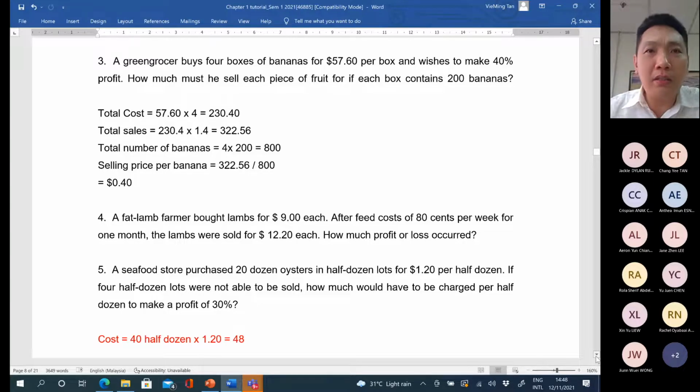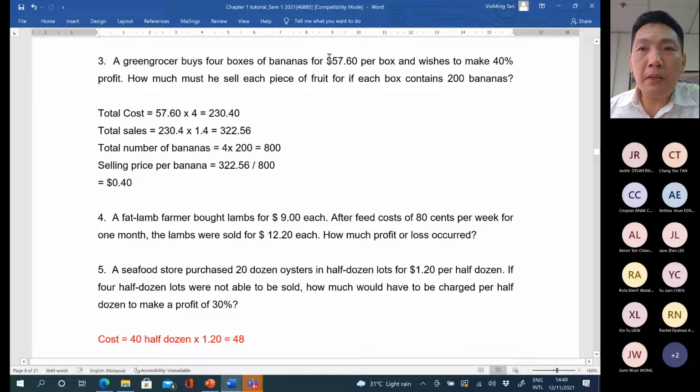So a greengrocer buys 4 boxes of bananas for $57.60 per box. Okay. So this is the cost price per box. Altogether purchase 4 boxes. So that means we can calculate the total cost based on this sentence.